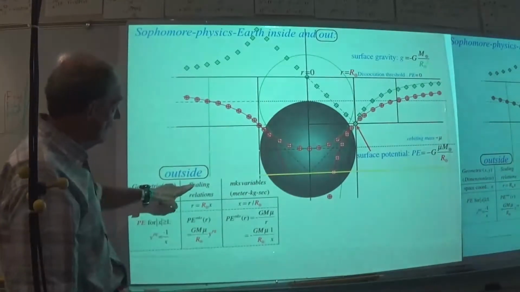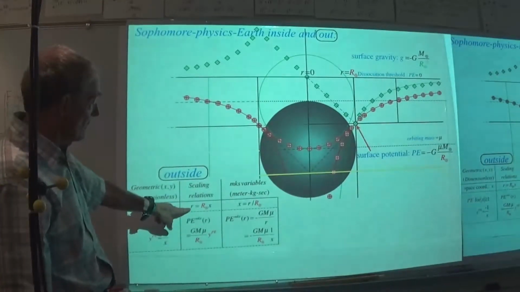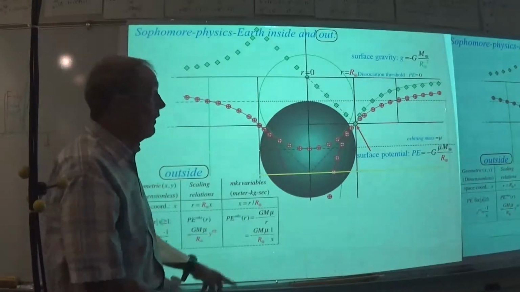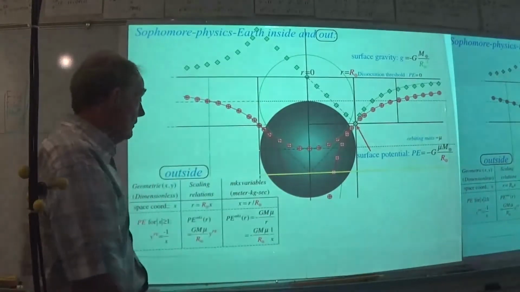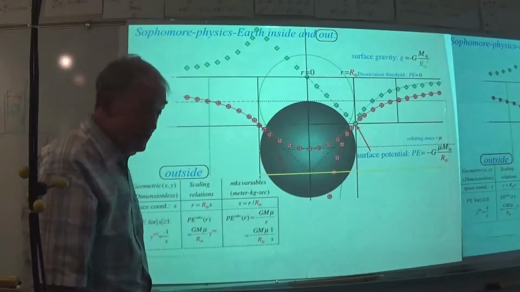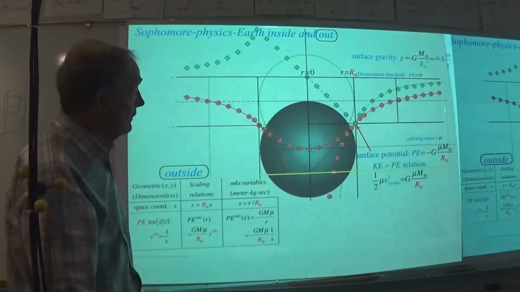So the scaling relation is simply this, and then that gives this, and all of the formulas that we're going to be putting down here have had this done to them.